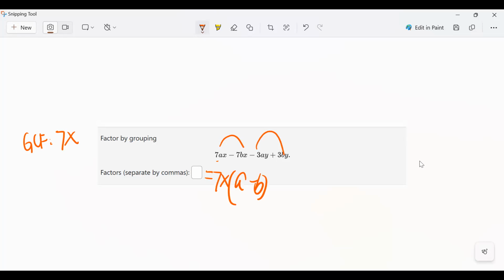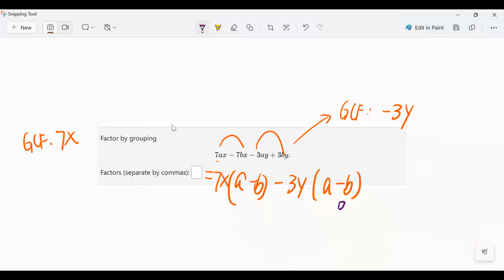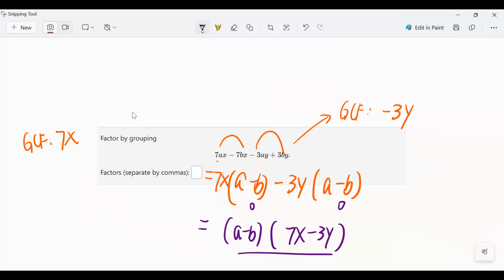Last two terms, the GCF is going to be negative 3y, so we factor out negative 3y, a remains minus b remains. Now factor by GCF one more time. We see the GCF is a minus b. For the first term 7x remains, second term minus 3y. So (a minus b) times (7x minus 3y).